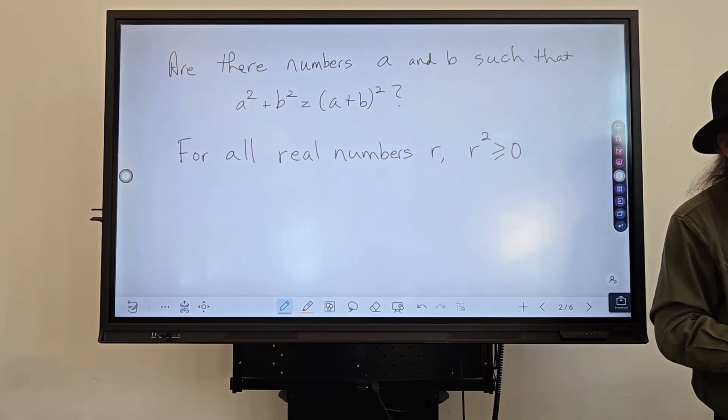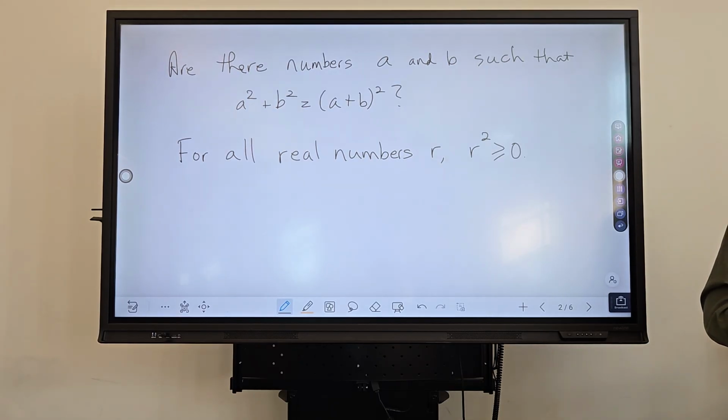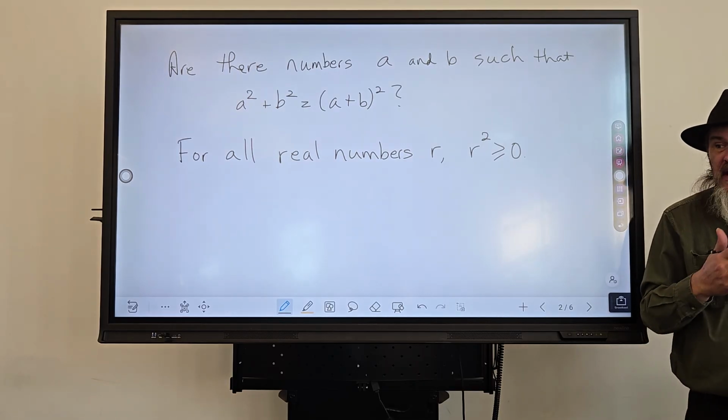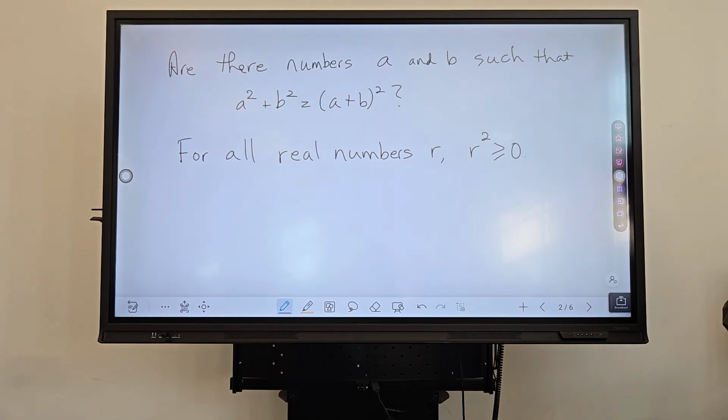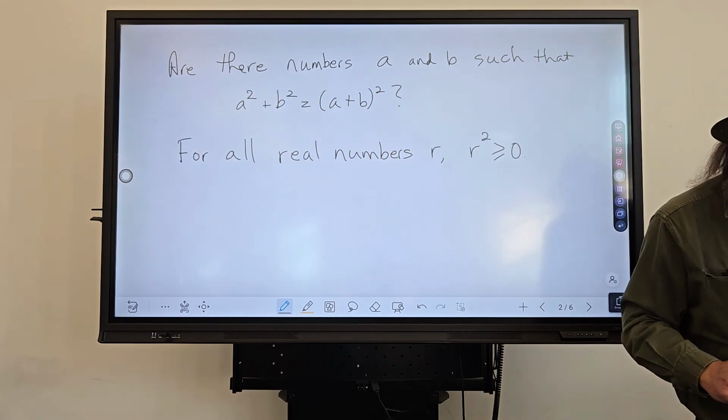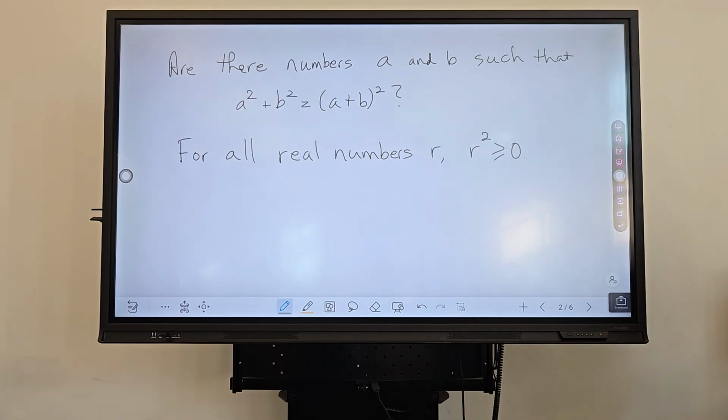Using symbols and variables to make it more clear, unambiguous, more mathematically formalized. Okay?